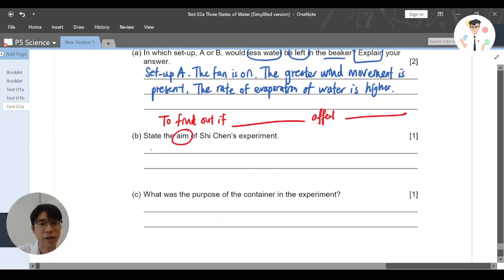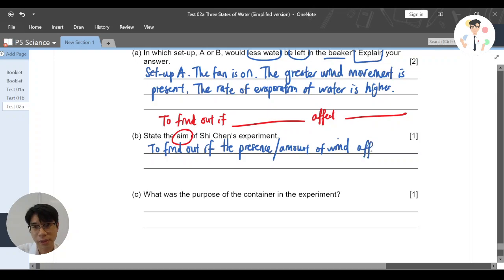You're supposed to write in this way: to find out if the presence, or you can say the amount, of wind affect the rate of evaporation. And that is a good aim that you are supposed to write.